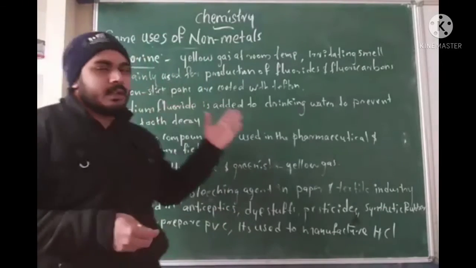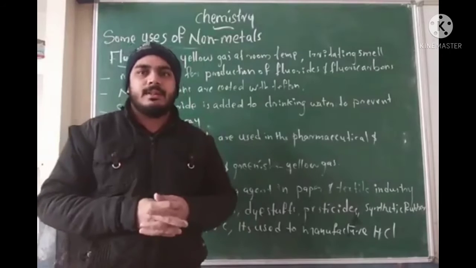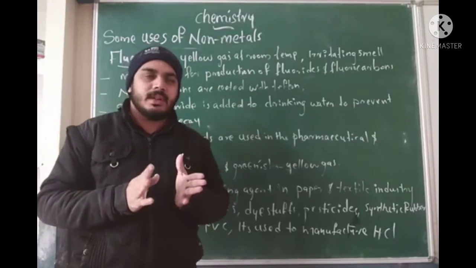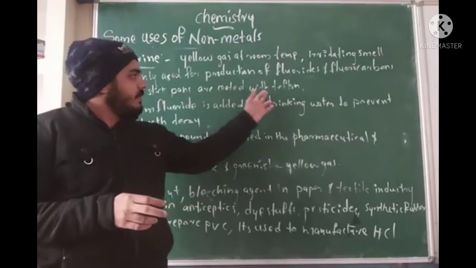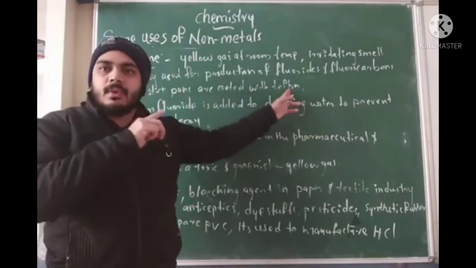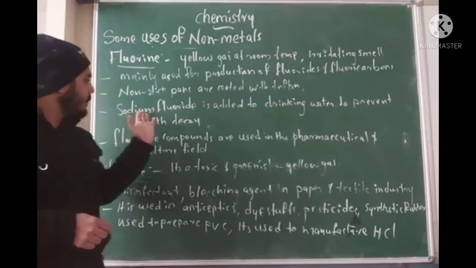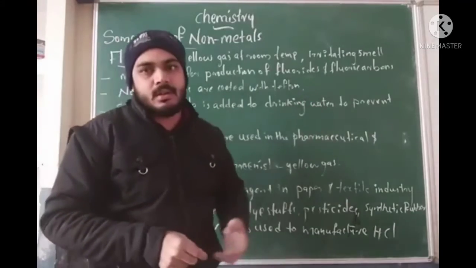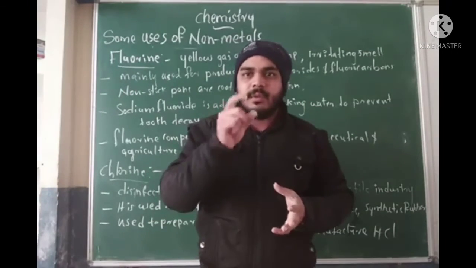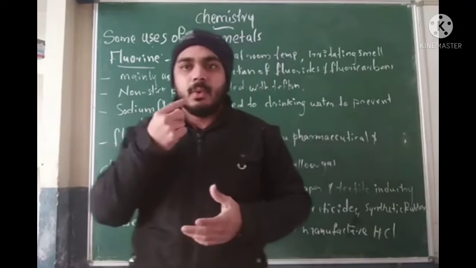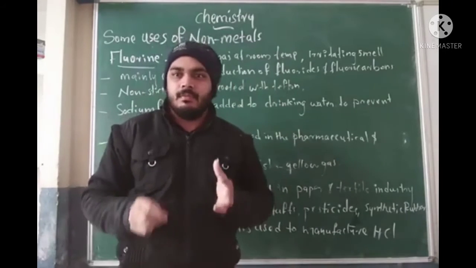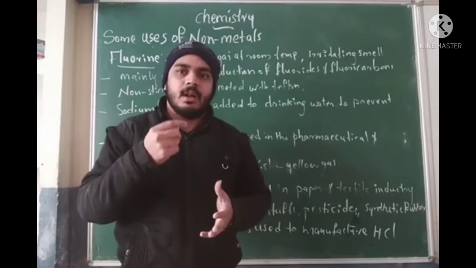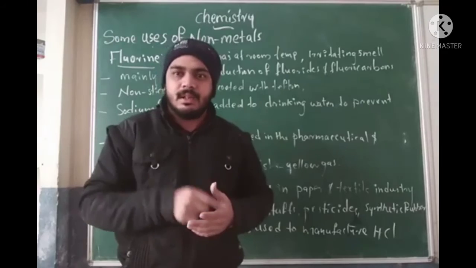And next, one of the fluorine compounds is used for manufacturing Teflon, which means non-stick pans are coated with Teflon. Teflon is one of the fluorine compounds. And next, sodium fluoride is added to drinking water to prevent tooth decay, especially in children.